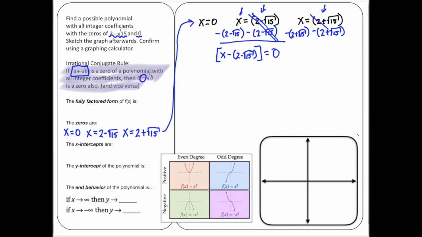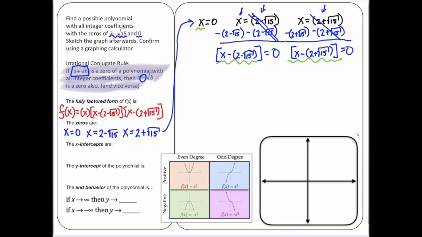Okay, those are going to cancel out, and I'm going to write it the same way, x minus 2 plus the square root of 15 in there equals 0. Okay, so if we're writing this in fully factored form, this is what it's going to look like. We would have this guy, and this guy. So let's write that out.